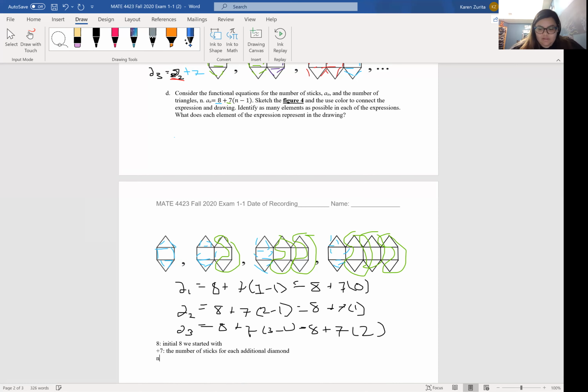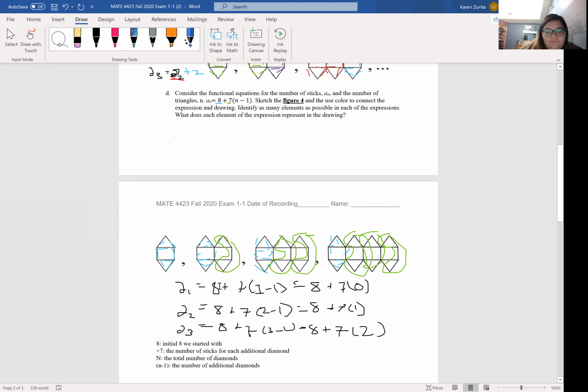We have n, the total number of diamonds, and we have n minus 1, number of additional diamonds.